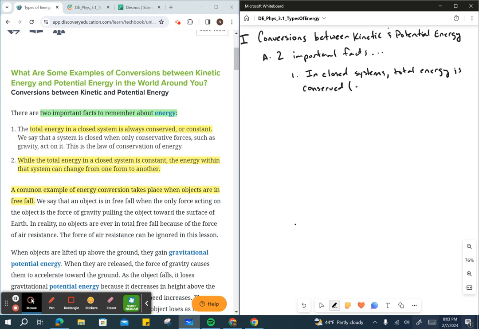It is constant. Okay. You have an increase in one, you're going to have a decrease in another, but when you add it all up together, it's always going to equal the same.